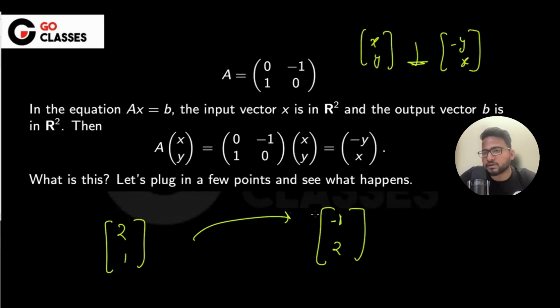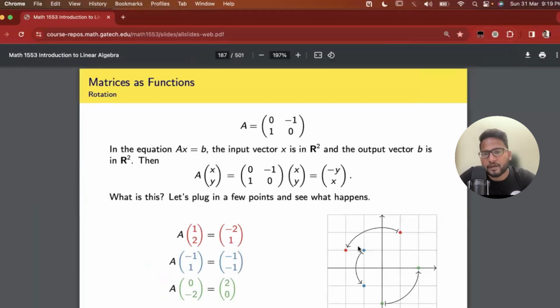So basically, for every vector, it is rotating by 90 degrees. It is making it perpendicular, right? Whatever vector you have, it is rotating 90 degrees. As you can see here, let's suppose this was the initial line, and then ultimately you got this.